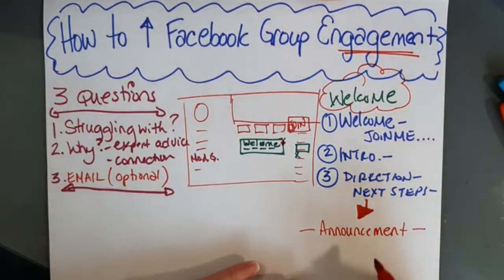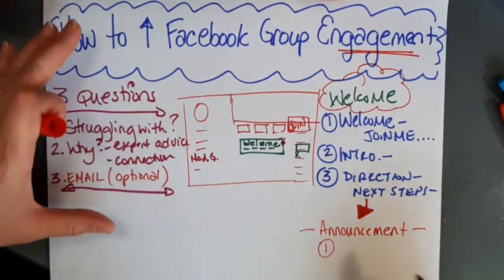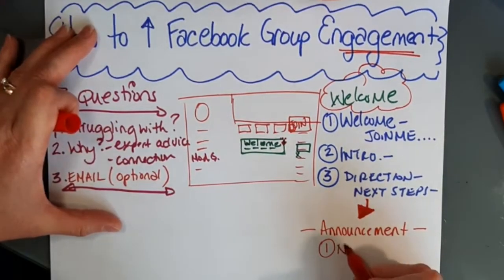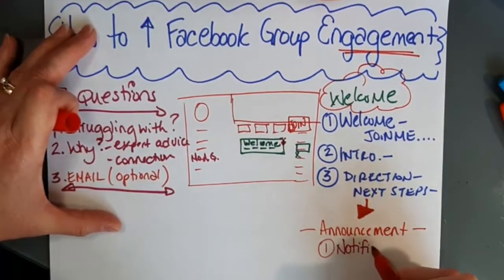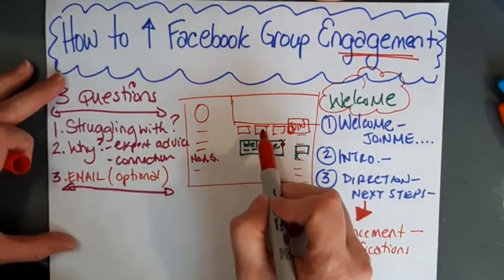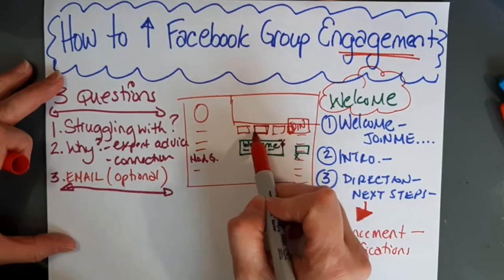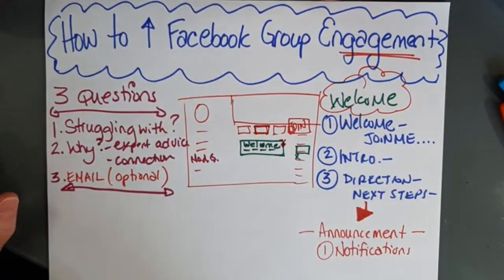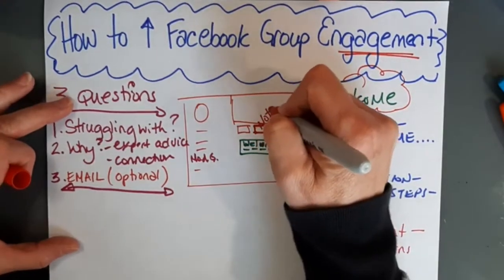The first thing you want to do in the announcement is you want to tell them about the notifications. So this second area here, right under the cover photo, is notifications.